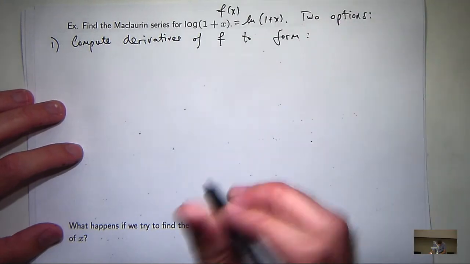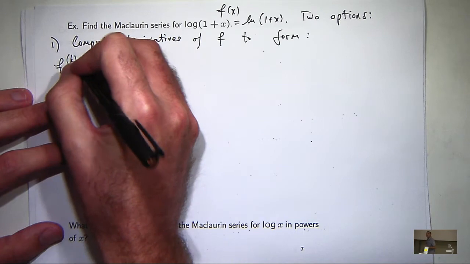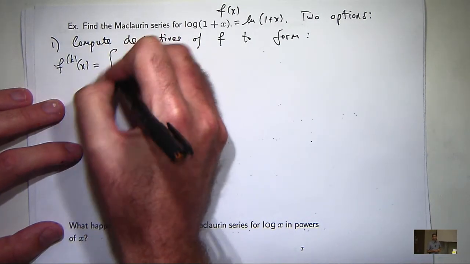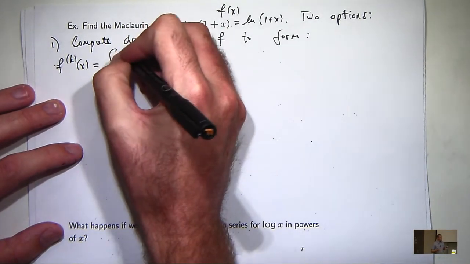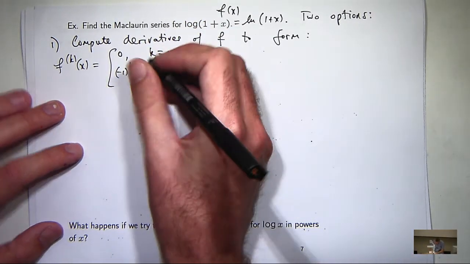Okay, so it's starting to look a bit messy, but all we're really interested in is this general derivative at x equals 0. This is for k greater than or equal to 1.